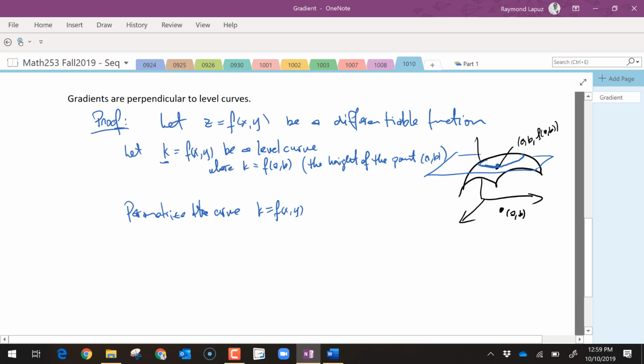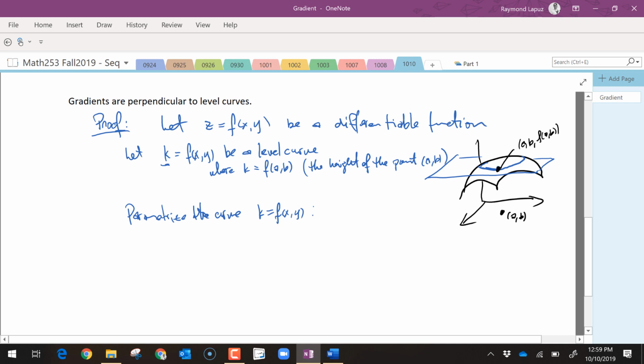And I'll parameterize that and call it r. So if I were to draw this r, how and where should I draw it? You understand my question?